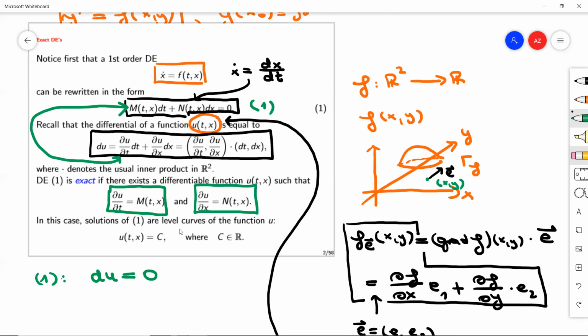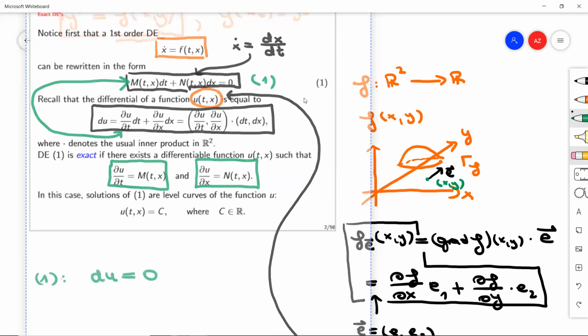So under the assumption that we can find a function u such that its partial derivative with respect to one variable is m, and the partial derivative with respect to the second variable is n, our differential equation is in fact du is equal to 0, because on the right hand side of the differential equation we have 0. But what does this mean?